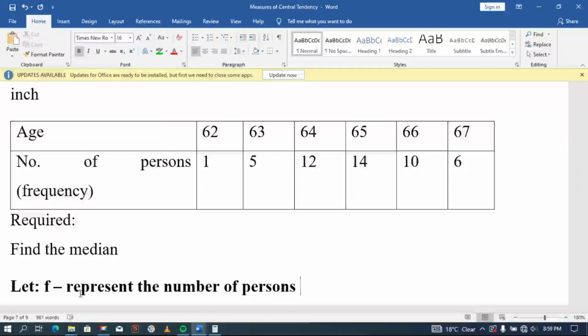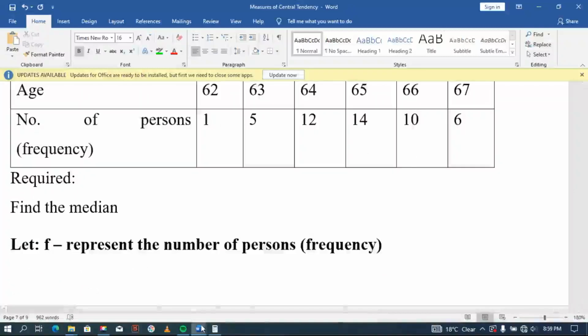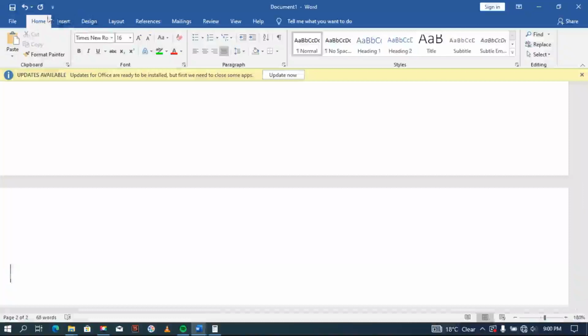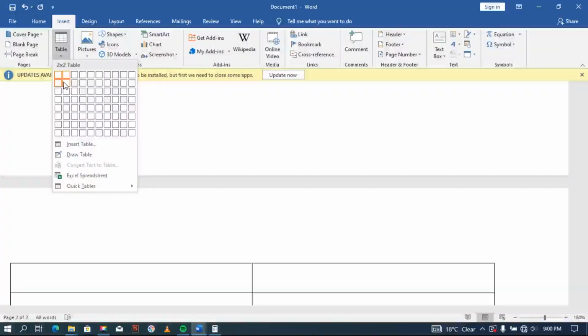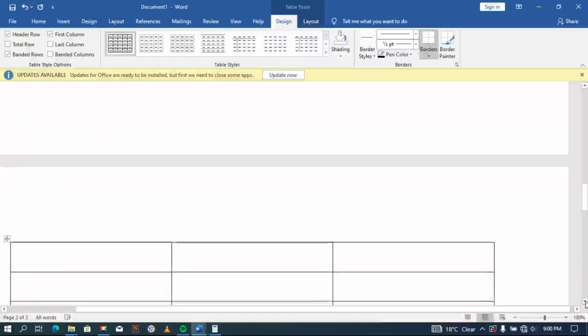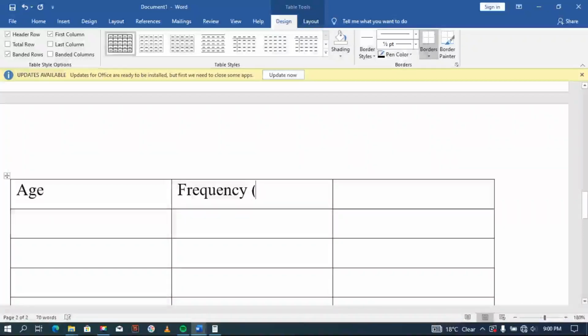Now we can have a simple table. We shall have the age, we shall have the frequency, that is f, and then we shall have the cumulative frequency, you can call it CF.